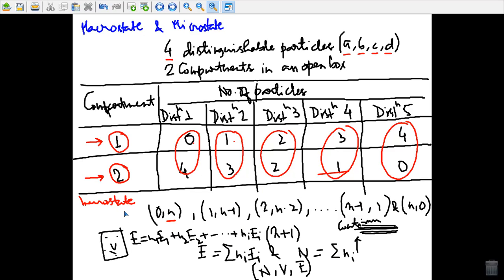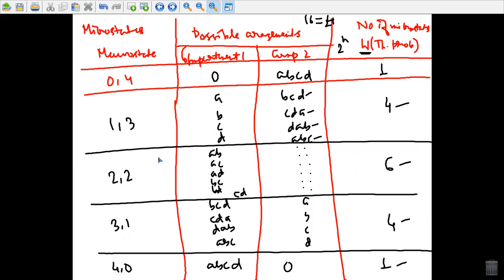And what is a microstate? Since the particles are distinguishable, the number of different possible arrangements in each compartment is shown in this fashion. If we distribute the possible arrangements of compartment 1 and 2 like this, the last column of the table is the number of microstates, that is W, the thermodynamic probability.